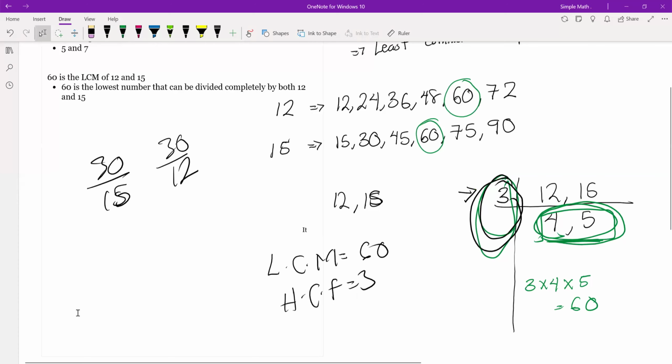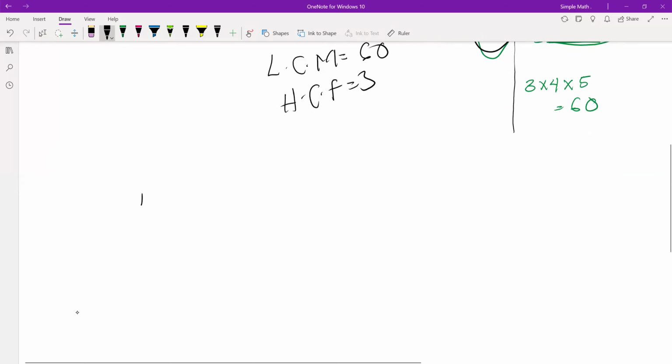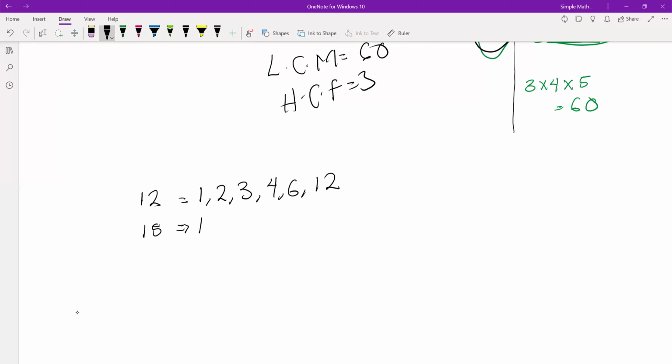For the HCF, we can also do it this way. You bring out all the factors of 12 and 15. For 12: 1, 2, 3, 4, 6, and 12. For 15: 1, 3, 5, 15.